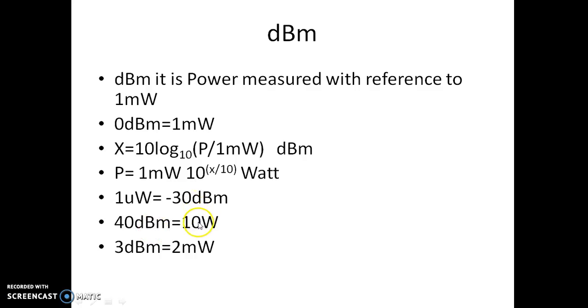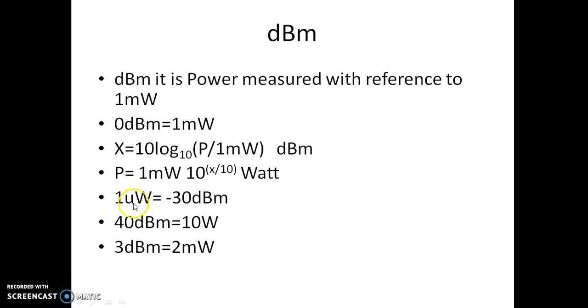Sorry, there was a small glitch, a typing error. So this X is actually 40 dBm, so let me substitute X as 40. 40 divided by 10 happens to be 4. 10 to the power of 4 into 1 milliwatt happens to be 10 watt. So this 10 watt will be represented as 40 dBm.